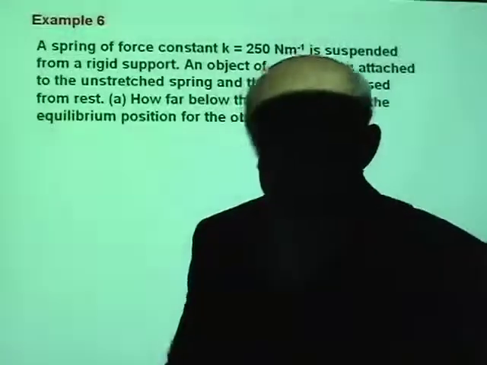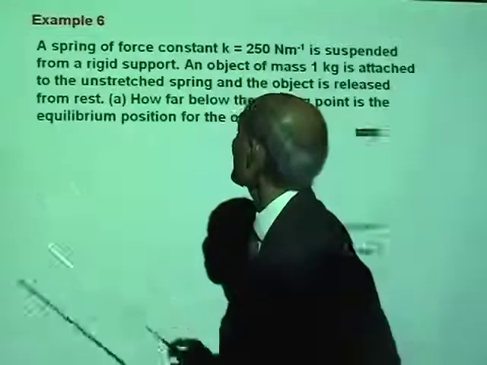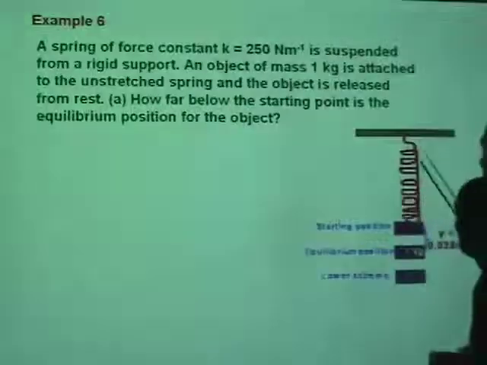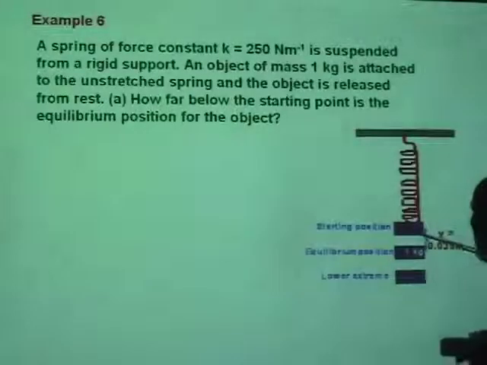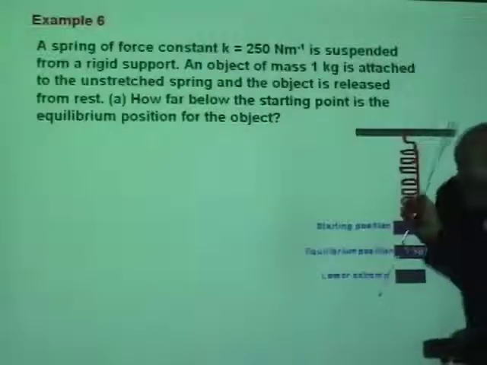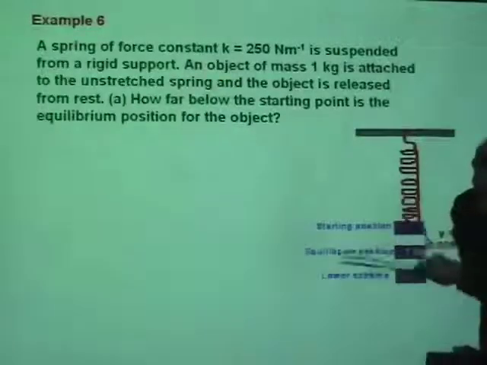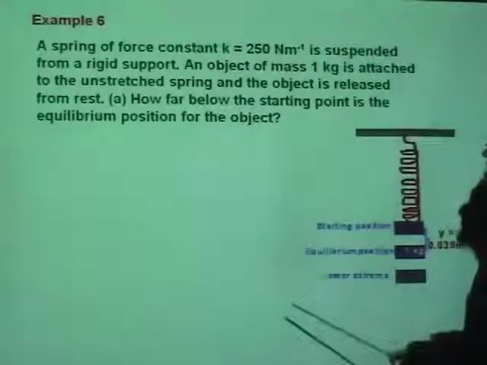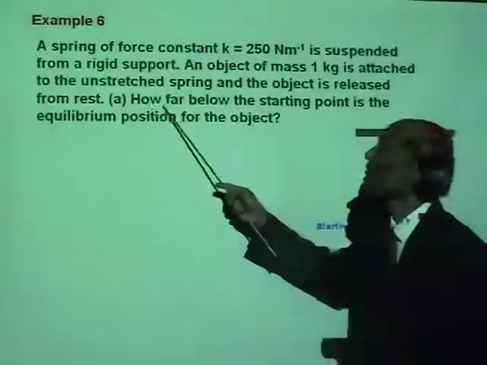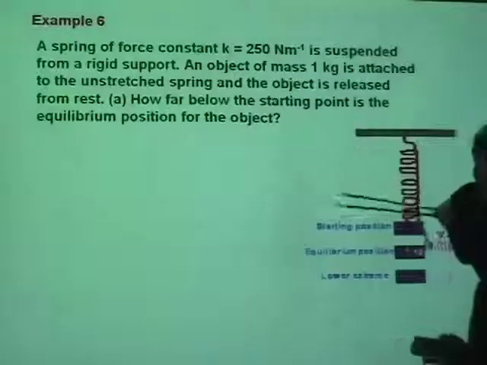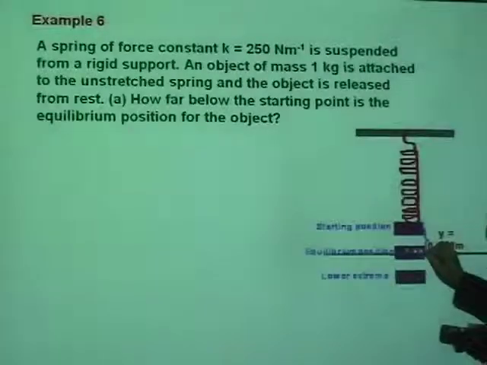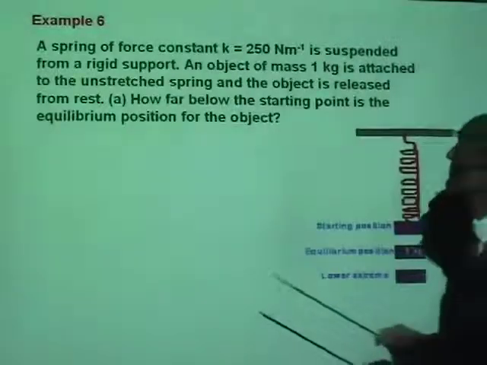This is the starting position, and when you allow it to fall, it falls all the way to the lower extreme and then begins to oscillate. We need to find how far below the starting point is the equilibrium position.